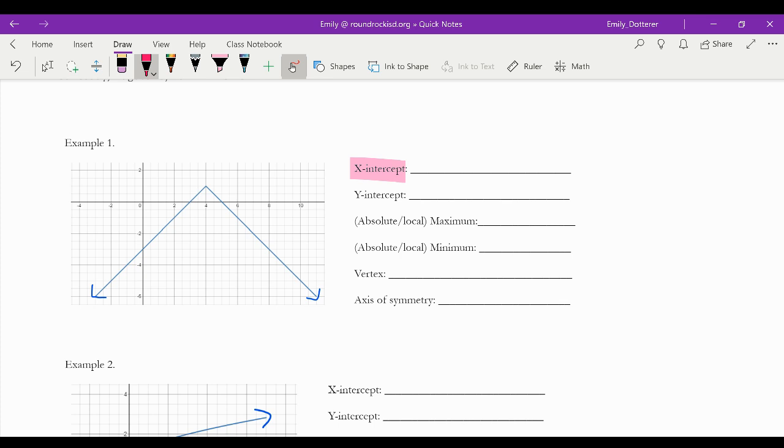X-intercepts are where the graph touches the x-axis. So remember, the x-axis is here. It goes from left to right. In this example, we have two x-intercepts. There's two places where the graph touches the x-axis.